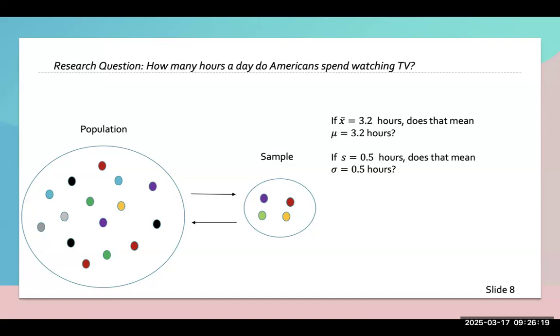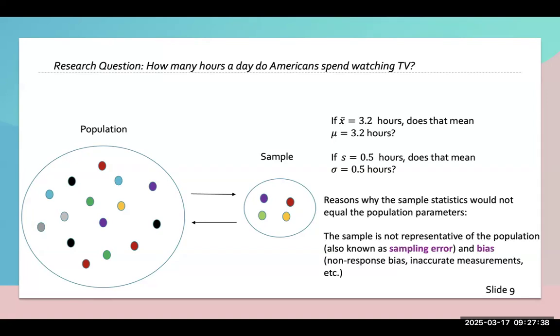Why wouldn't they be equal? Some examples include the sample not being representative of the population. If you use convenient sampling, that is a problem. We usually don't have the statistics matching the parameters. Maybe there's some bias. So for example, if you ask the people in your sample to participate in a survey, but some of the sample chose not to, that could result in non-response bias.